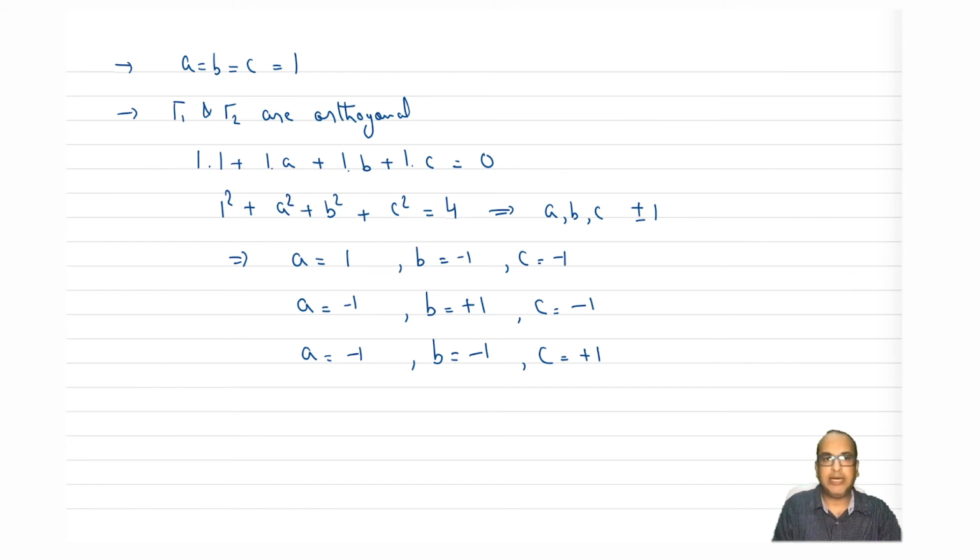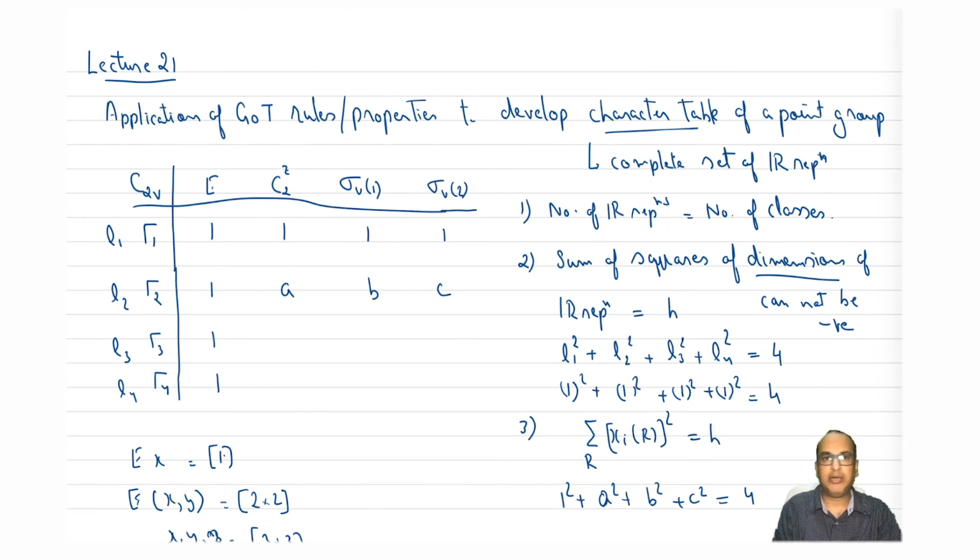So this implies that I can populate this table as 1, minus 1, minus 1; minus 1, minus 1, 1; minus 1, 1, minus 1. And now you must appreciate that when we did unit vector transformations, we got this particular character table while doing symmetry operations and looking at their effect on x, y, z and Rx, Ry, Rz.